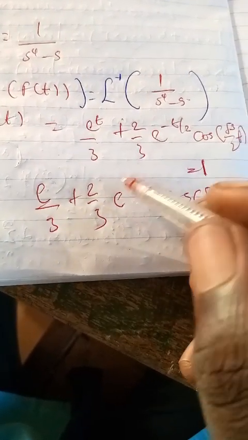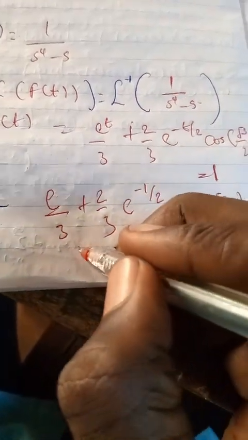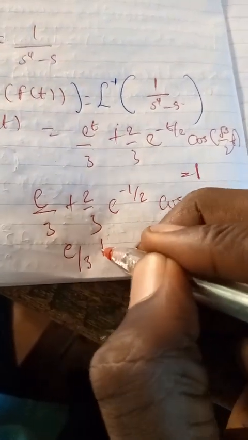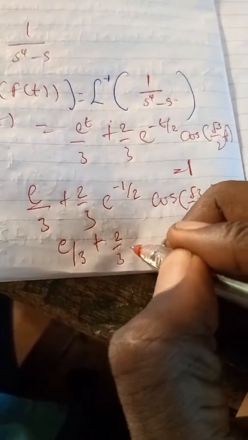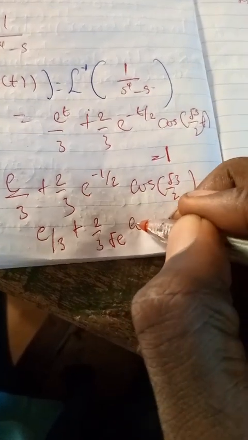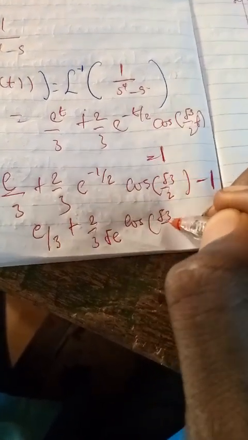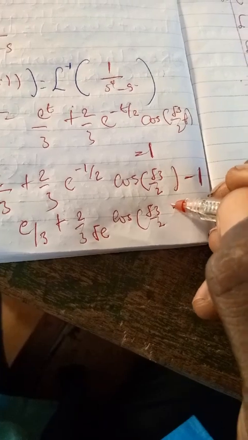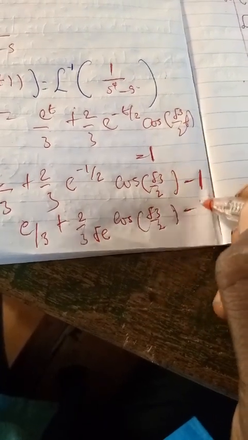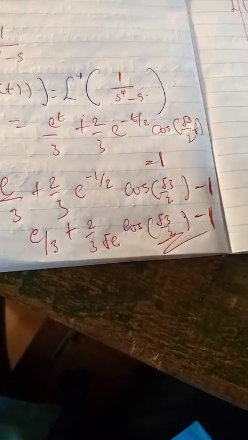This is 1 over root e. So I have e over 3 plus 2 over 3 root e cos root 3 over 2, minus 1. So this is the answer.